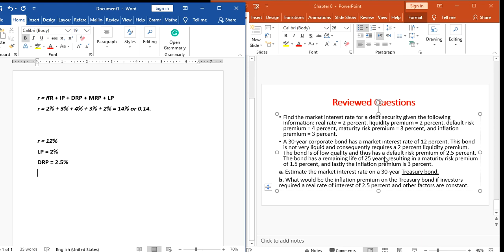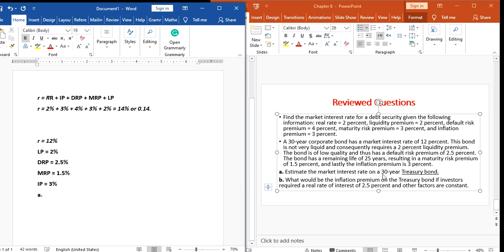Now, the maturity risk premium over here is 1.5%. Maturity risk premium equals 1.5%. Inflation premium is 3%. Okay, so part A.